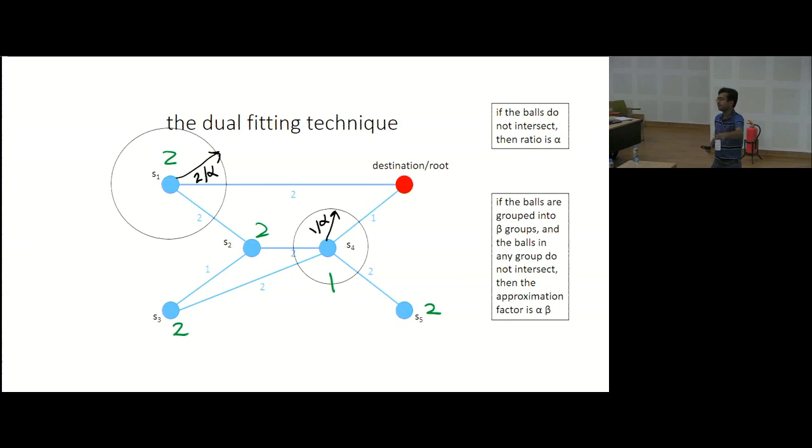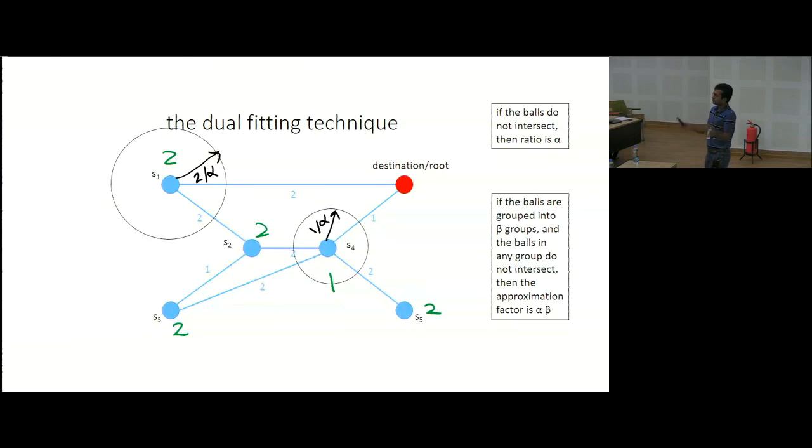So imagine that I have drawn these balls, and then somehow I group it into beta different groups, and show that each individual group is a set of non-intersecting balls. I claim then that the ratio of the two costs, the cost of the routing network and the cost of the optimal solution, then is at most alpha, which was coming from just the first observation earlier, times the number of groups I have, beta.